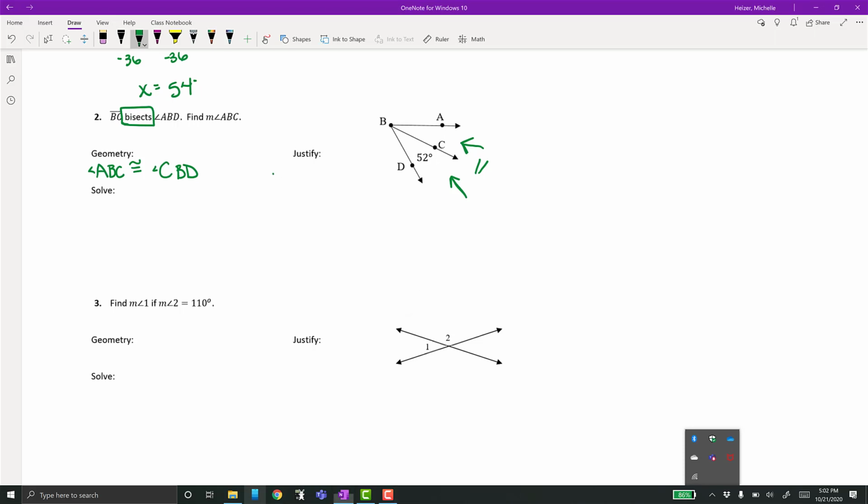And this would be our definition, angle bisector. And to solve this, because we want to know ABC, I'm going to put an X in there. So ABC is X equals CBD, which is 52 degrees. And that's all you need to do to solve it.